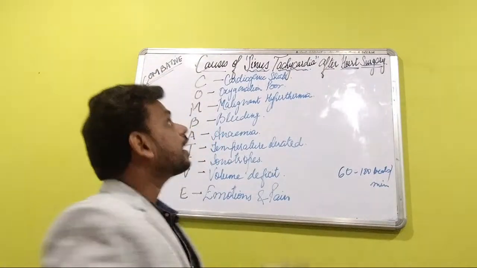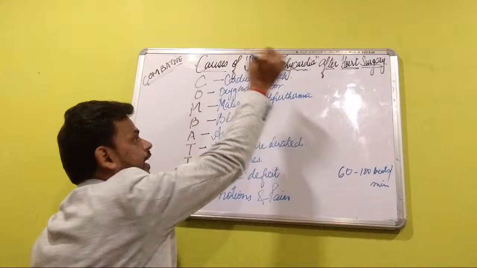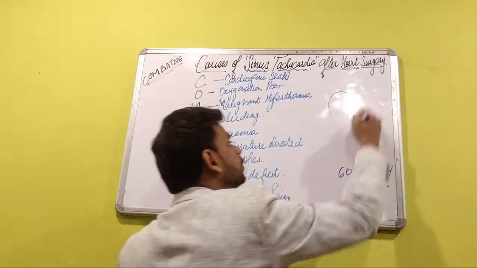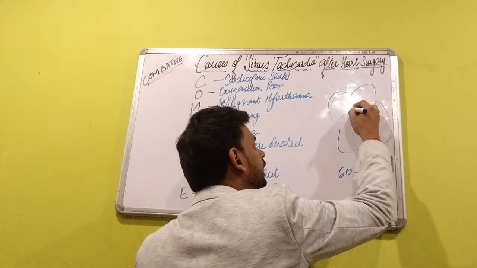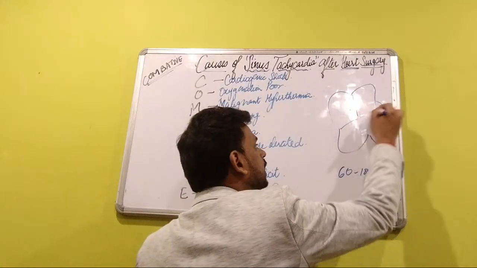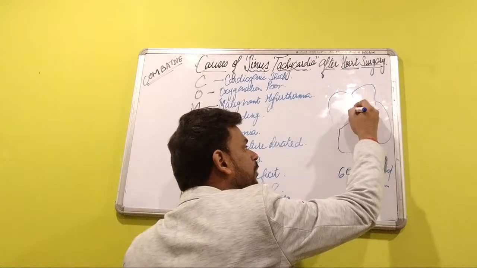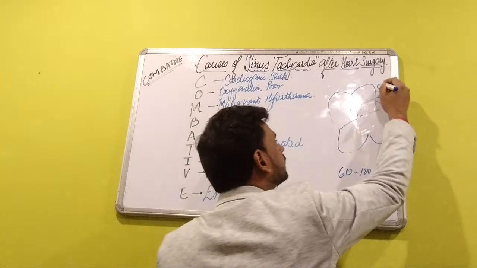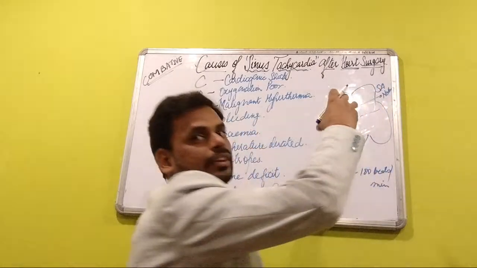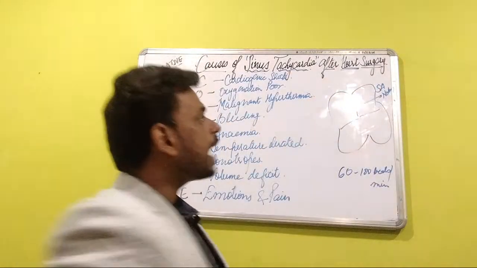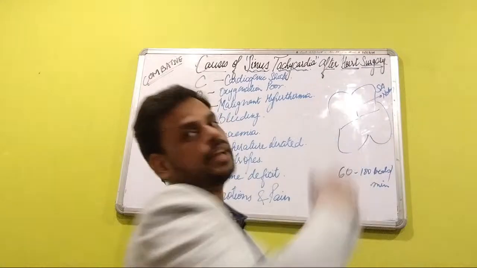But in the condition of sinus tachycardia, you must have seen that the heart has four chambers, and there is a site where the electrical impulses begin. That point from where the electrical signals begin is called the sinoatrial node.